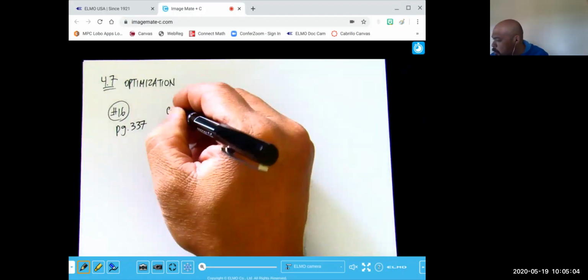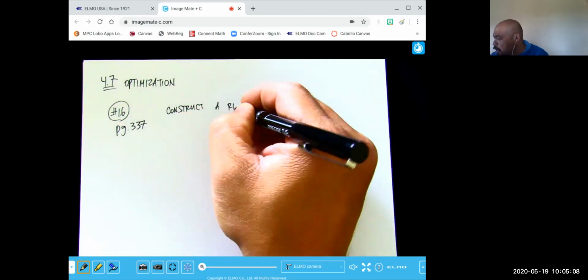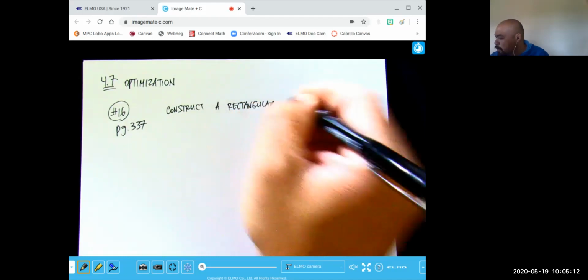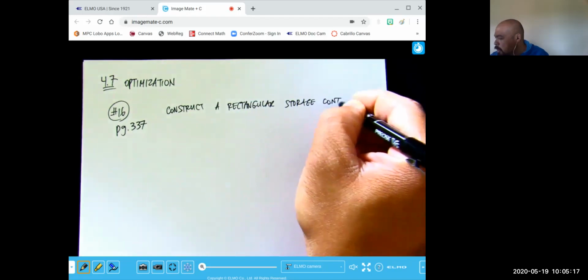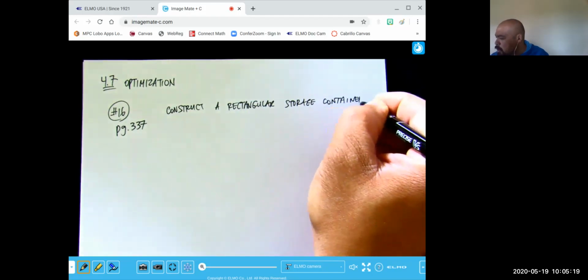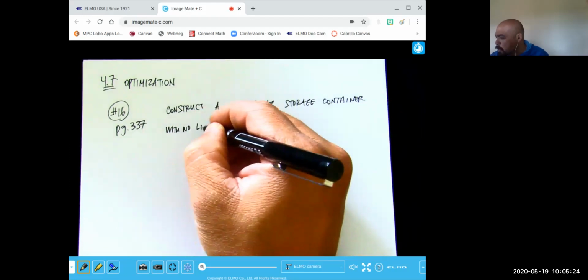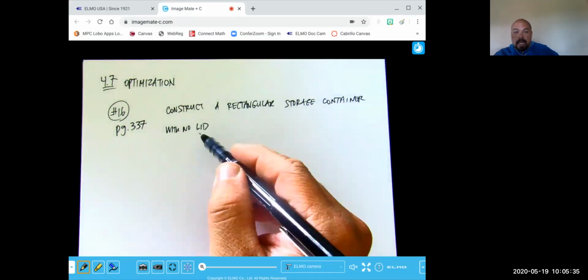So we want to construct a rectangular storage container with no lid. So that means we don't have to worry about using up any materials and having to pay for a lid, a top to it.